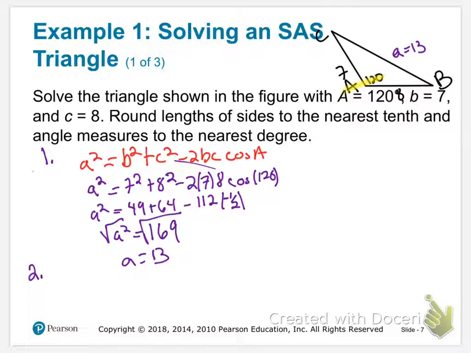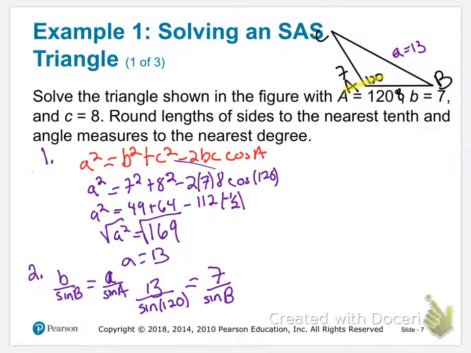So we're going to do b over sine of B equals a over sine of A. Well, we know a is 13 over sine of 120 equals b, which is 7, over sine of B. That looks a little messy, and I do apologize. So when I get sine of B by itself, we're cross multiplying. I'm going to move this up here.